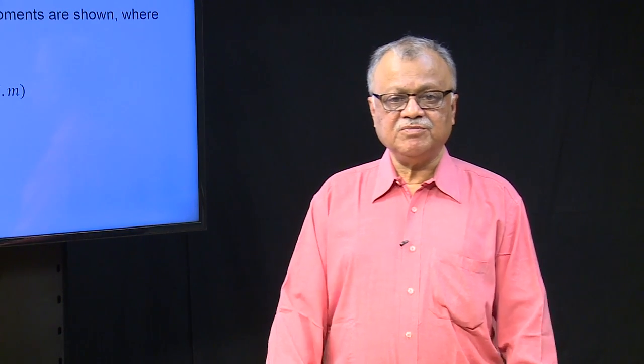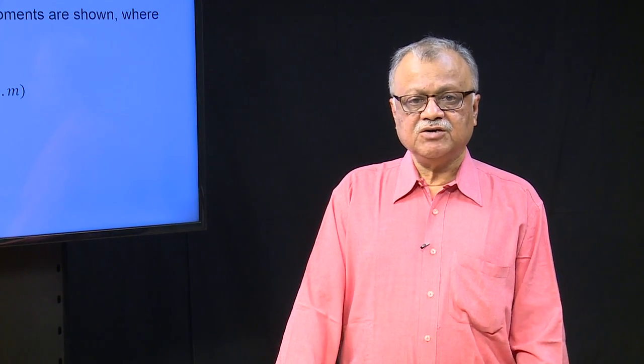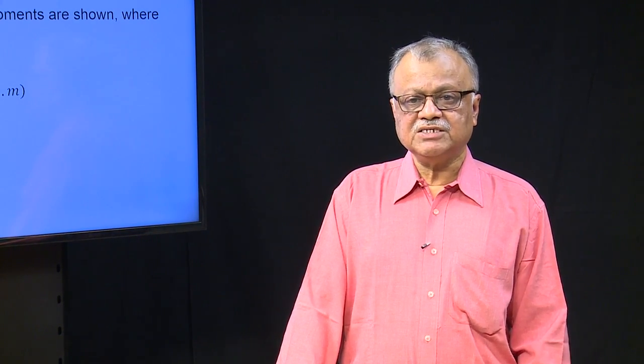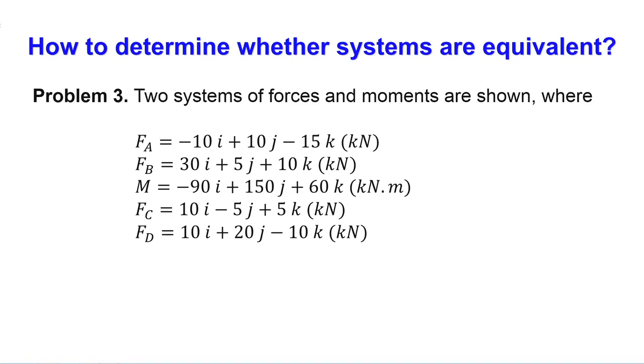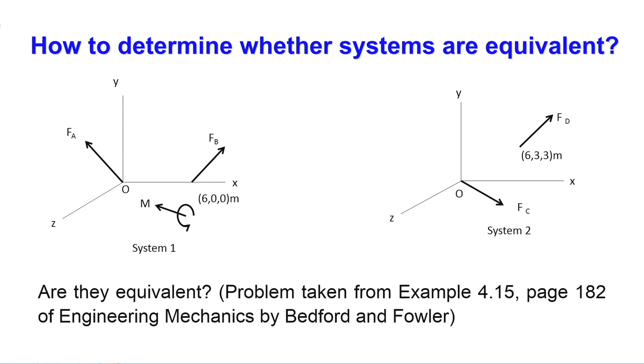Another problem we will see here is to determine whether the systems are equivalent. Two systems are there, where all these forces and moments are present: FA, FB, moment M, FC, FD. These are the 5 quantities, forces and moments, which will be seen in the next figure.